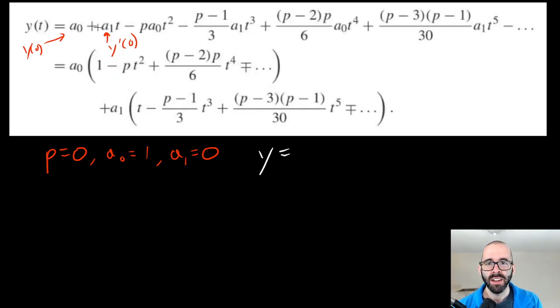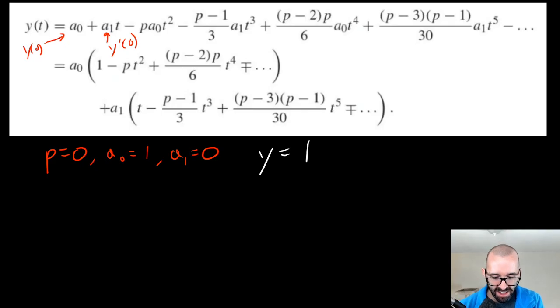We get 1 plus 0 minus, oh, p is 0, so this is 0 minus, oh, a1 is 0, minus 0, plus another 0, p is 0, plus another 0, a1 is 0. We get a bunch of zeros. Y is just equal to 1.